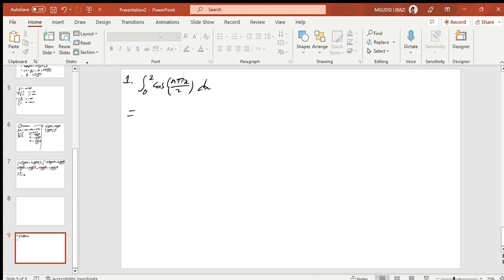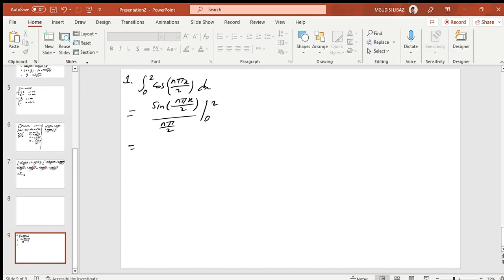So integrating that, the integral of cosine we know is a positive sine, n pi x divided by 2, and then divide by n pi over 2, which is the derivative of the inner function, because we're integrating with respect to x. So that's integrated from 0 to 2.